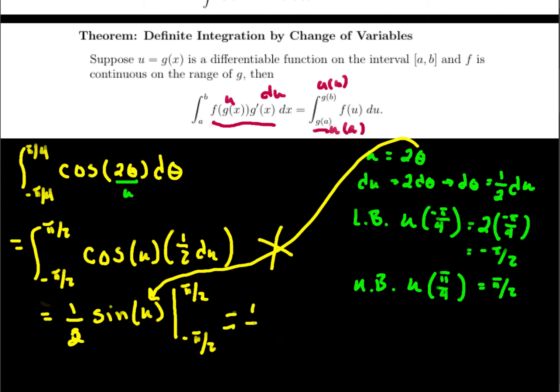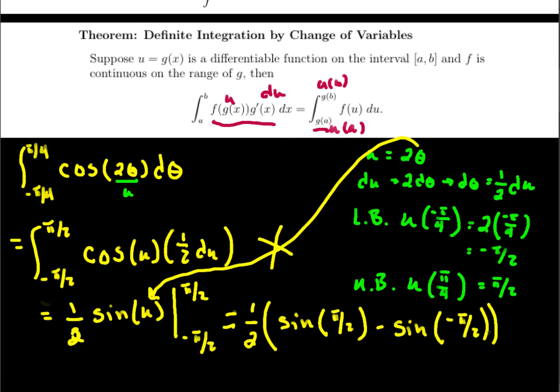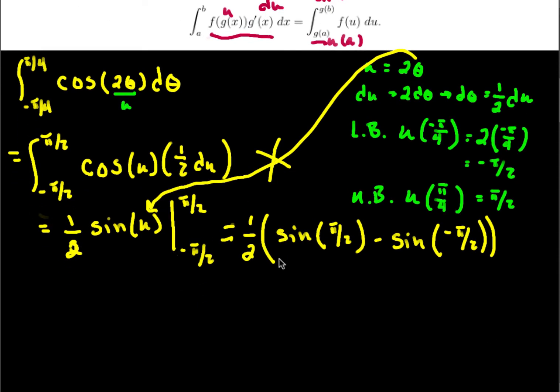This is 1/2 times sine of pi over 2 minus sine of negative pi over 2, which is equal to 1/2 times 1 minus negative 1, which is just equal to 1.